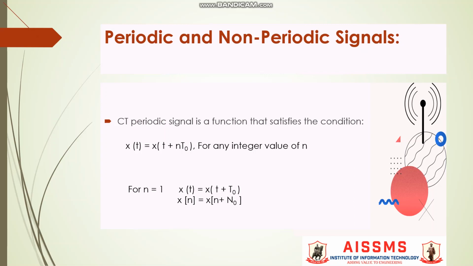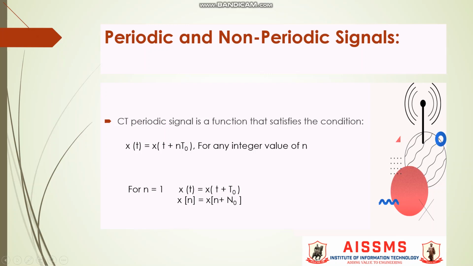Periodic signals are those which repeat themselves after a fixed period of time for infinite time. A CT periodic signal is a function that satisfies the condition x of t is equal to x of t plus n t naught, for any integer value of n. Here t naught is a constant.